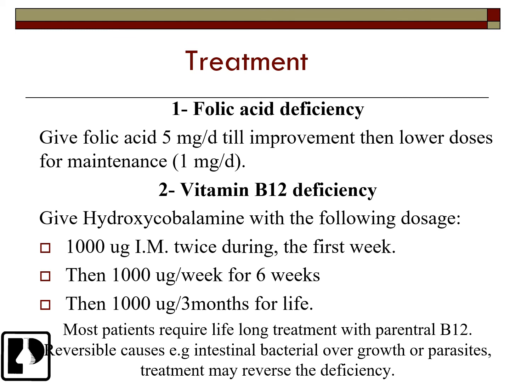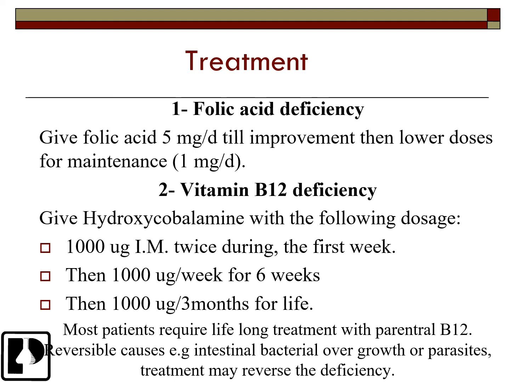1000 microgram IM twice during the first week, then 1000 microgram per week for 6 weeks, then 1000 microgram every 3 months for life. Most patients require lifelong treatment with parenteral vitamin B12.